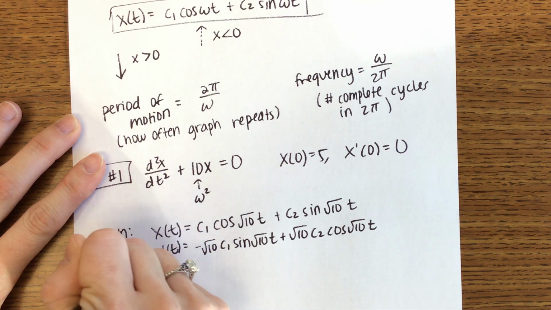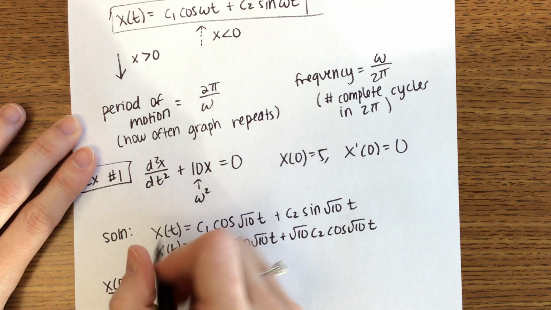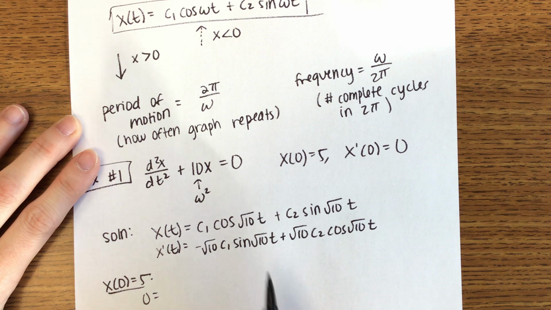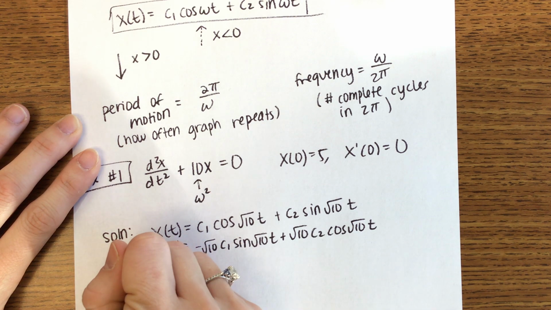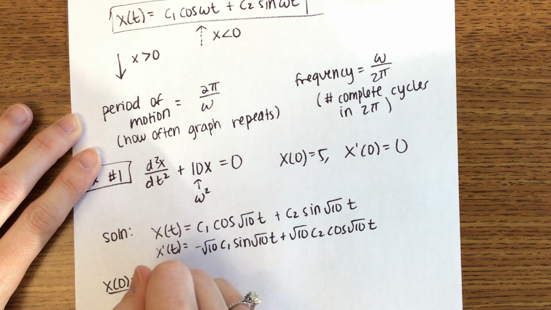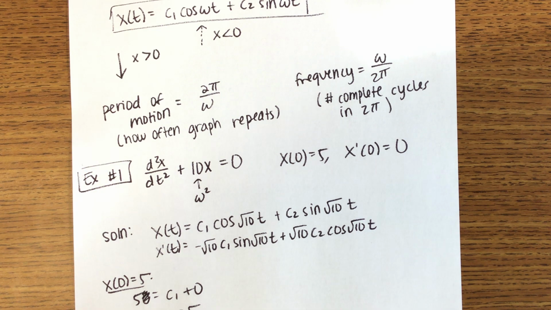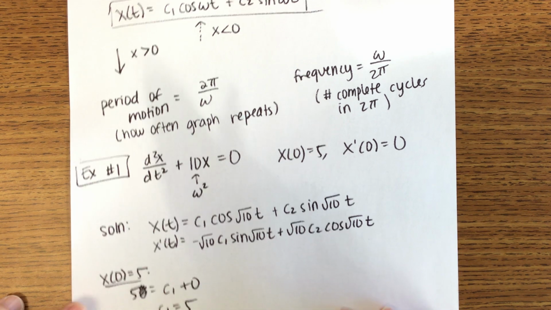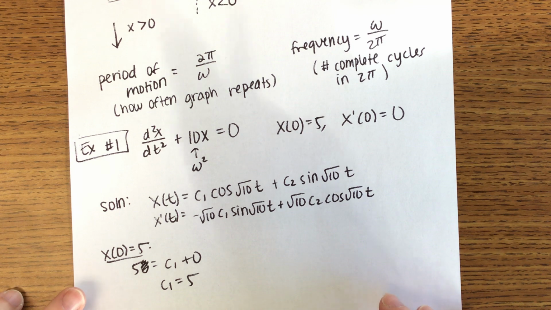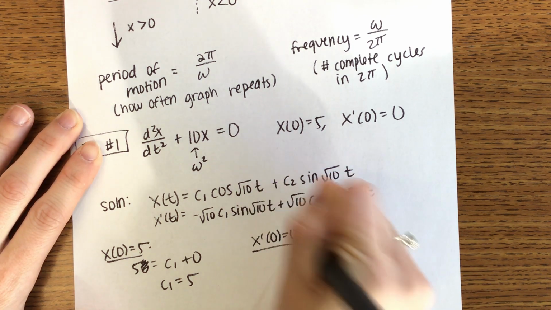First, I have x of 0 is equal to 5. So I get 5 is equal to c1 plus 0, so c1 equals 5. X prime of 0 is equal to 0.